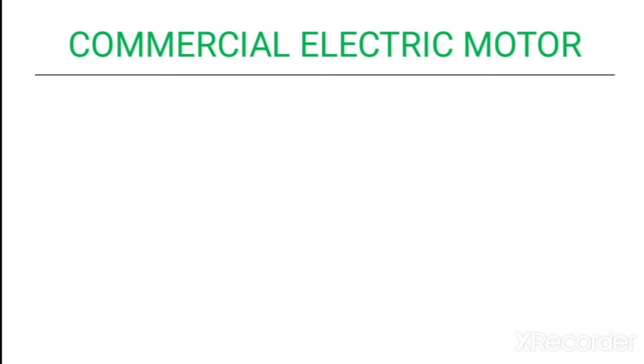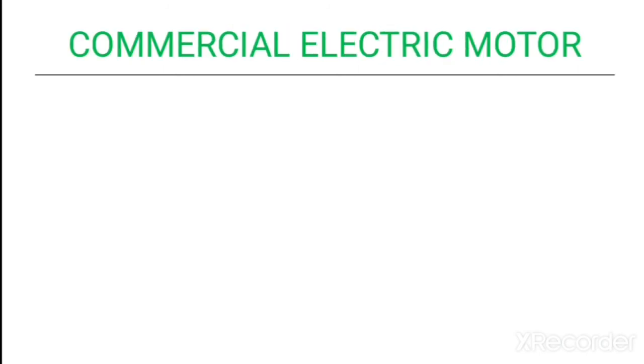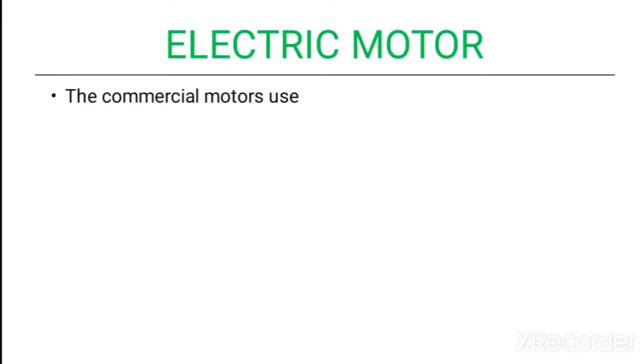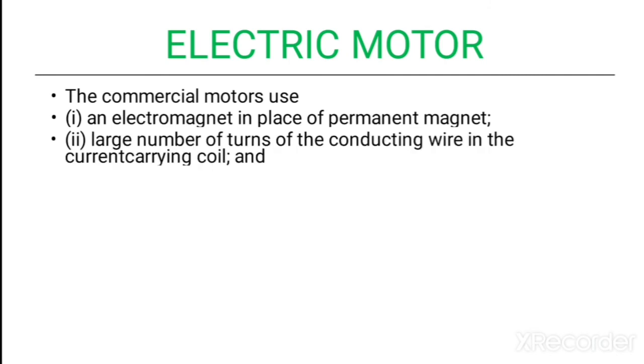Now, in commercial electric motors, there is an electromagnet in place of a permanent magnet, and a large number of turns of conducting wire in the current carrying coil compared to laboratory electric motors.